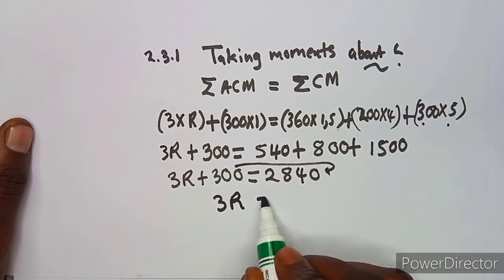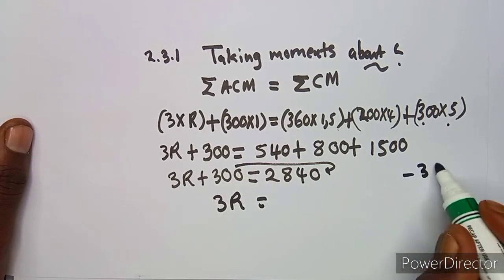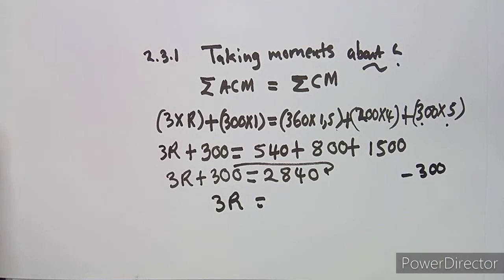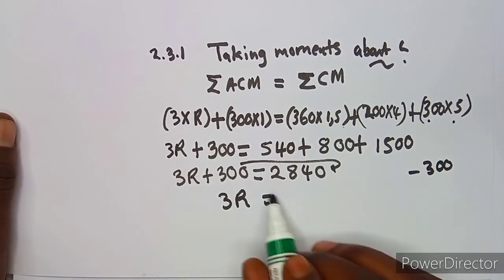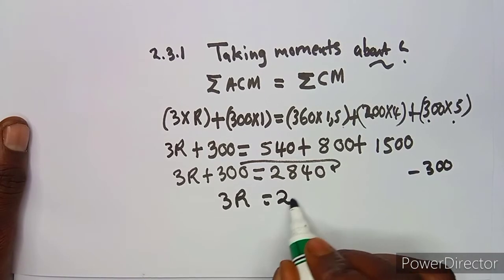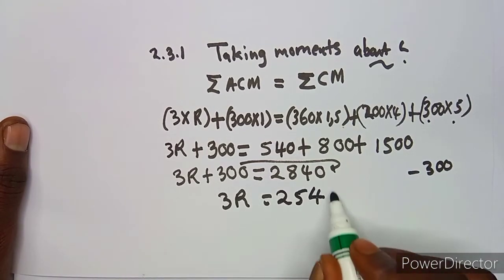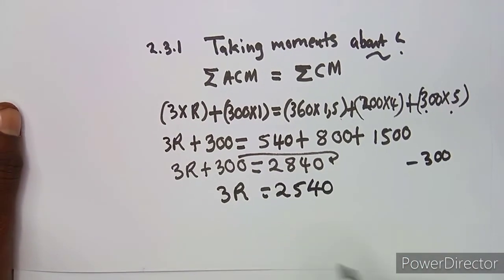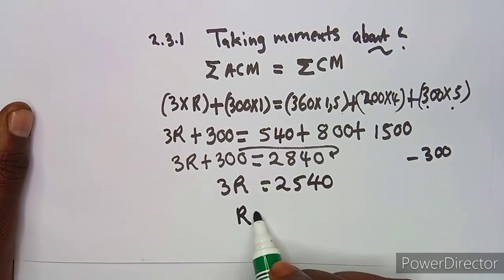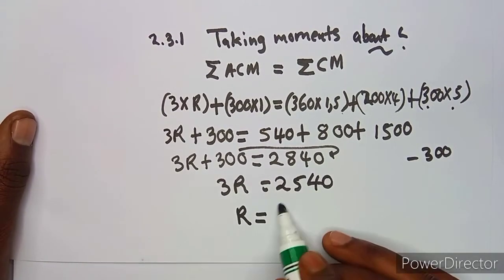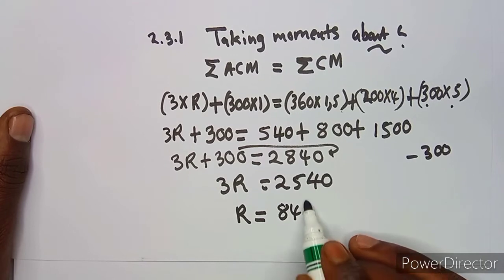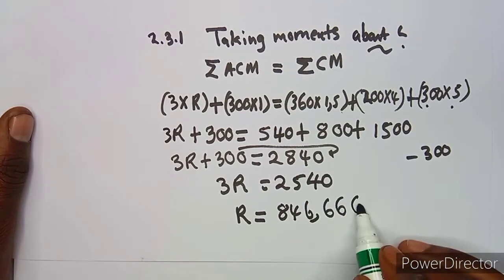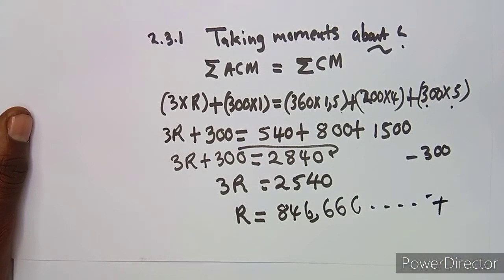Okay, so let's just transpose this to the right hand side. It's going to be 3R is going to be, you subtract 300. All right, so if you subtract 300, you're going to obtain 2,540 in this case. All right, then divide by 3, your R is going to be 846,6666, something like this, and you're going to end with a 7 there.